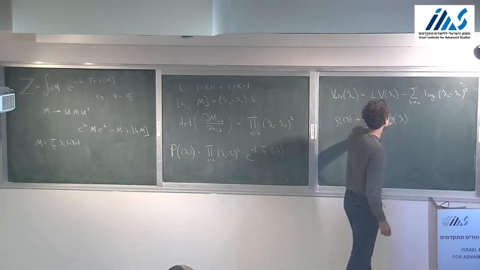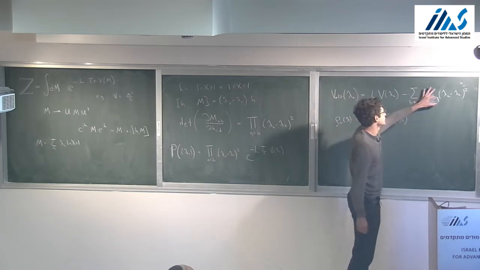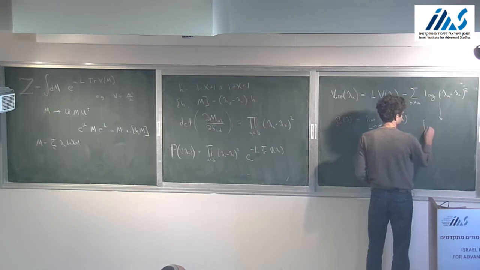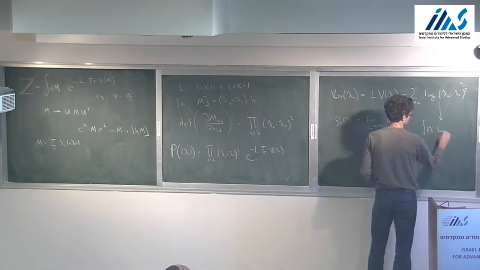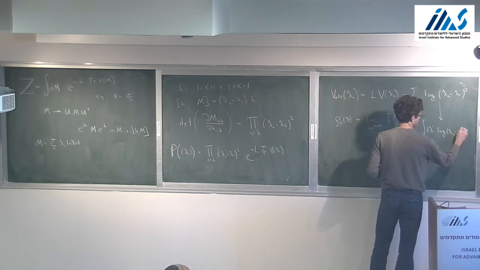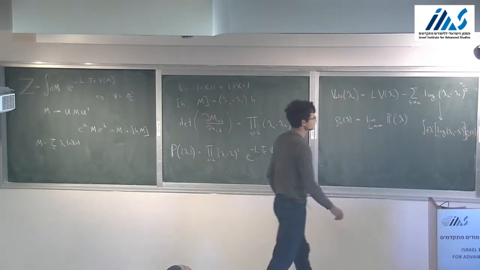And in terms of this function, we can write this sum at large L as an integral d lambda prime of log of lambda A minus lambda prime squared times rho naught of lambda prime.